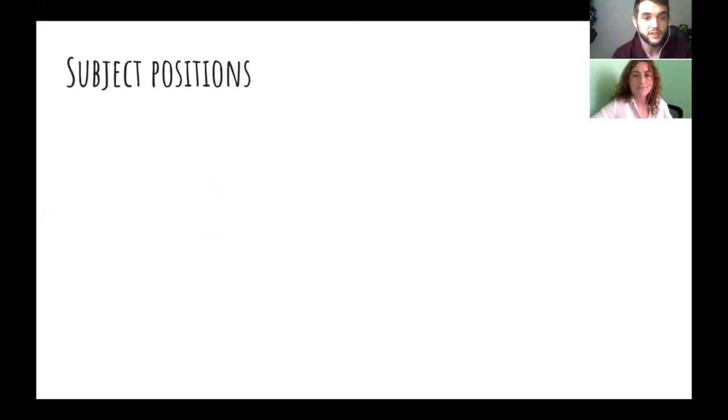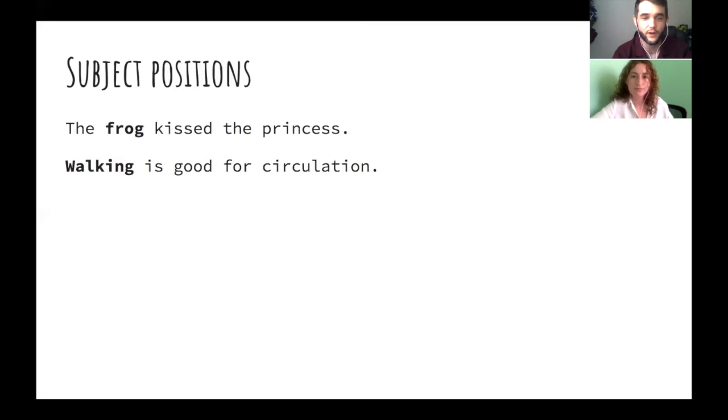So we also need to pay close attention to where we're positioning our subjects. So when we write sentences, we usually have the subject in the beginning of the sentence and it is followed by the verb. We can see this in our first two examples.